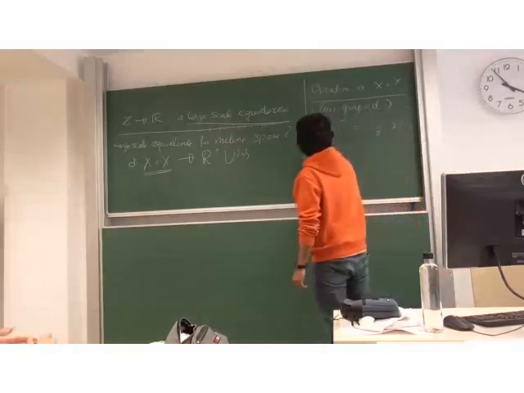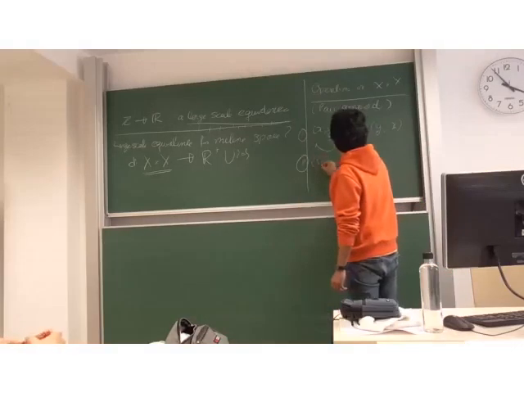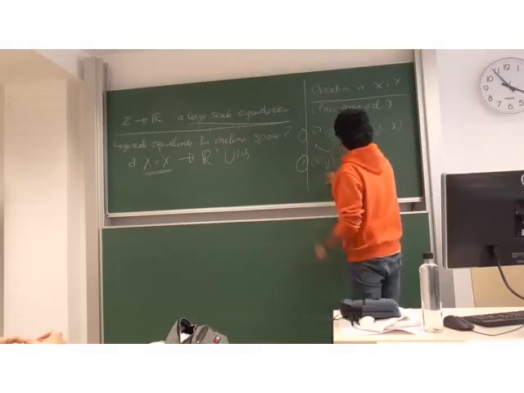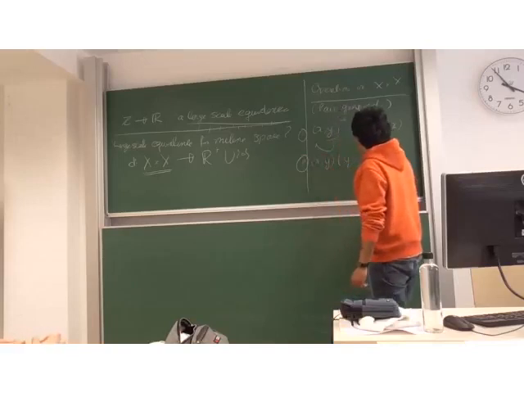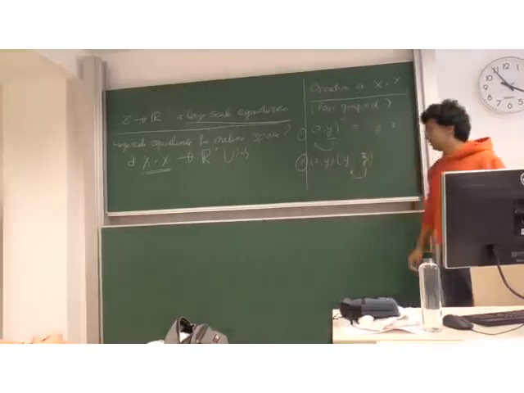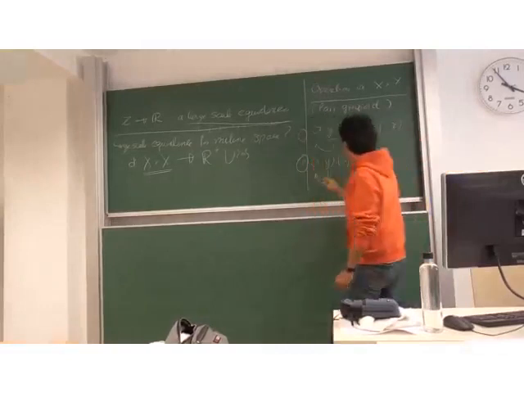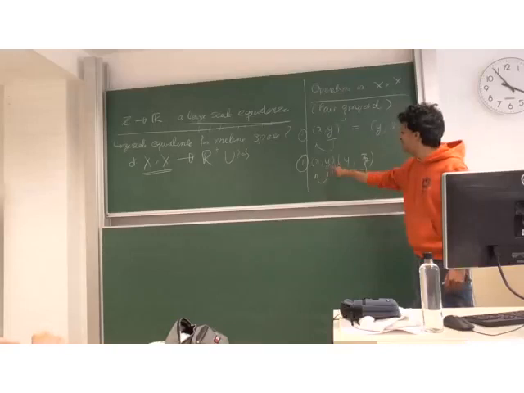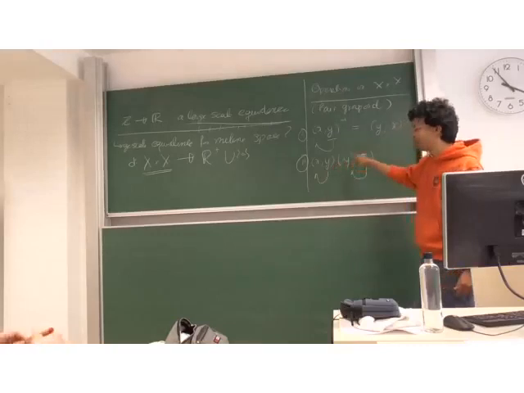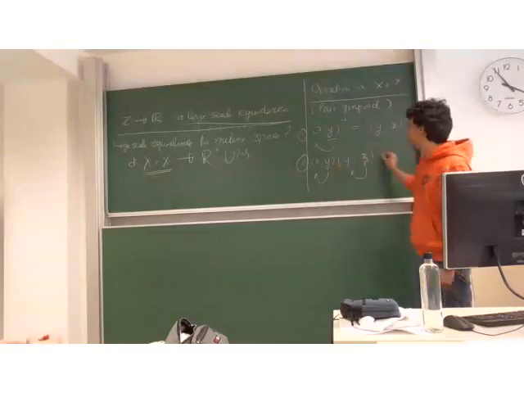The second operation is only possible when you take two arrows that can be composed. This is an arrow that starts at z and comes to y, and this is an arrow that starts at y and comes to x. If the range of this is equal to the domain of the next arrow, then you can compose them.